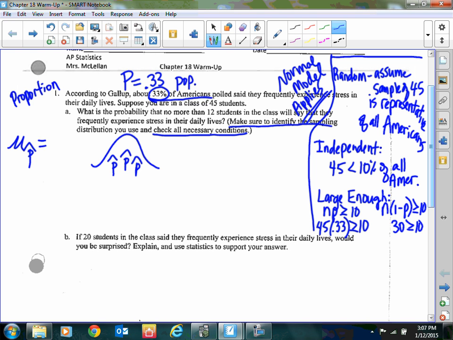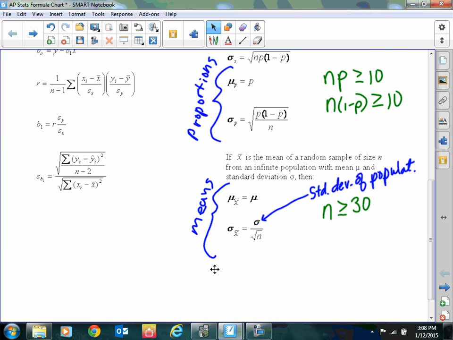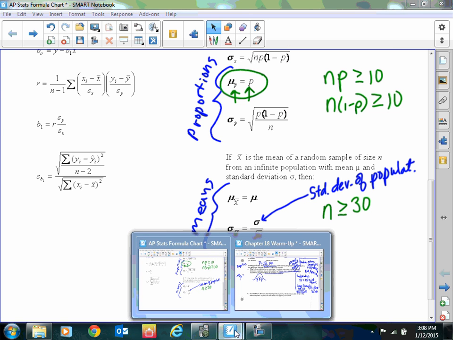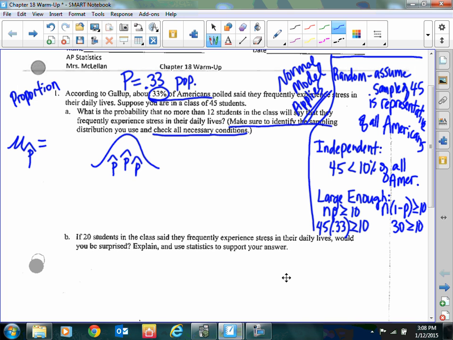The mean of a proportion distribution, do not put mean of x bar, because that would be for a sampling distribution of means. On the formula chart, the mean for proportion sampling distribution is the population P. So in this case, that is 0.33, or 33%.